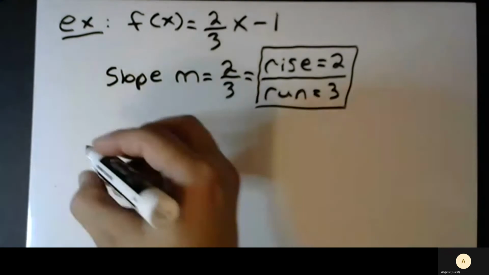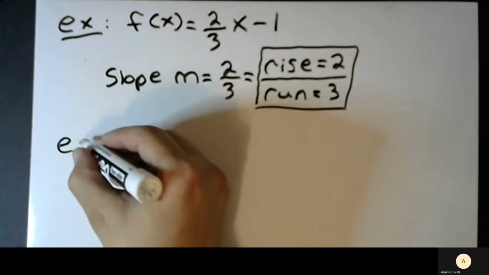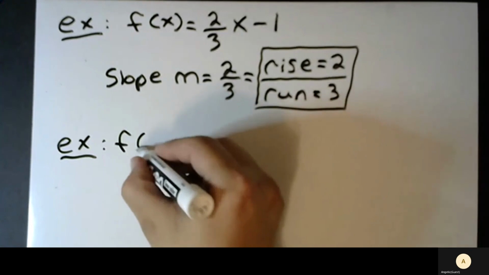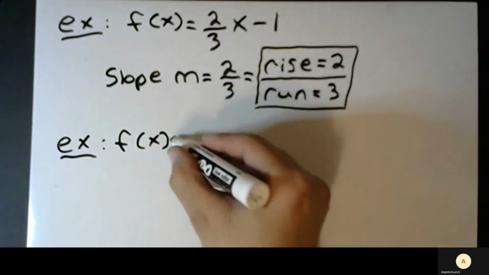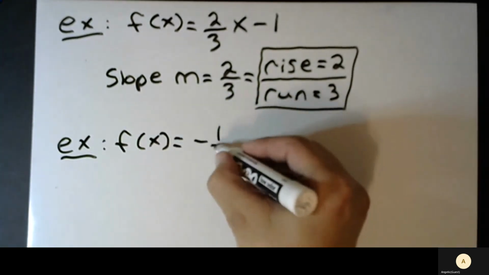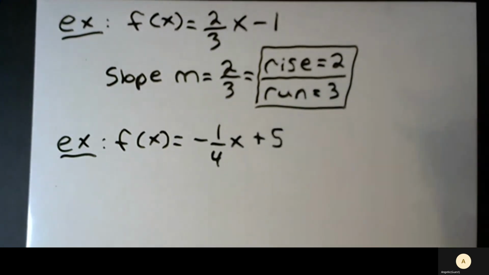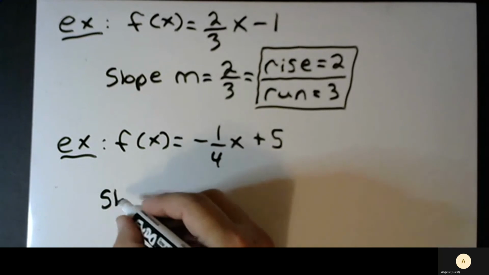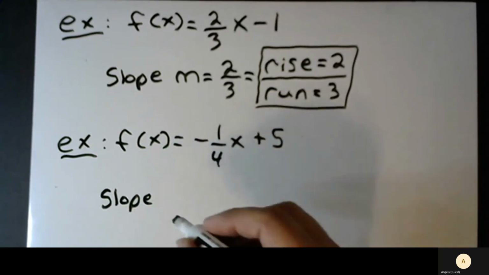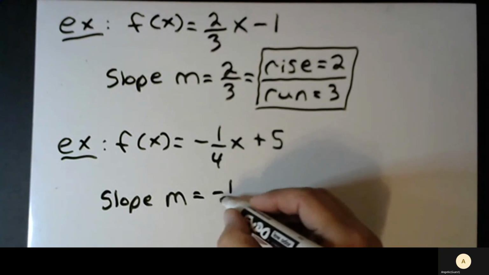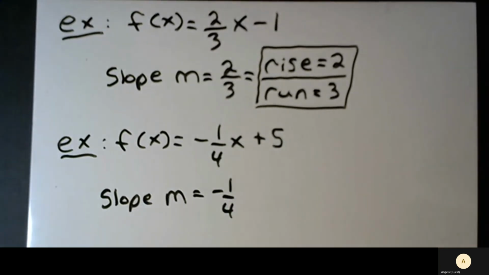Now let's say we have something like this. We had a -1/4 recently. Now, in this case, the slope m, again, is the number attached to the x, -1/4.